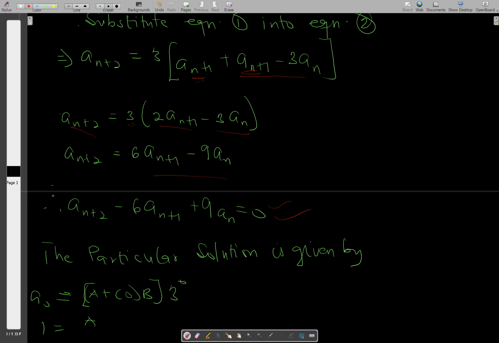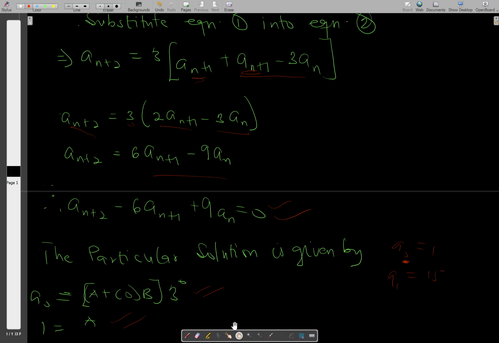So this is actually the recurrence relation, and it's a second order linear recurrence relation of degree 1. Now for the particular solution, we're given a_0 to be 1 and a_1 to be 15. For a_0, n is equal to 0. When we put n equals 0, we get this, and you obtain a equals 1.